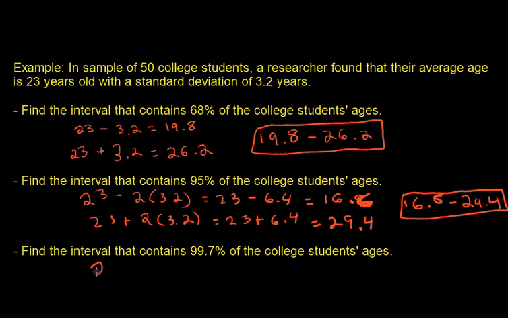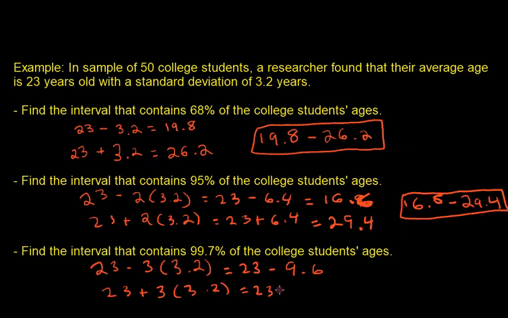That would be 3 standard deviations from the mean. So 3 times 3.2, and adding on plus 3 times 3.2. That's 23 minus 9.6 and 23 plus 9.6.